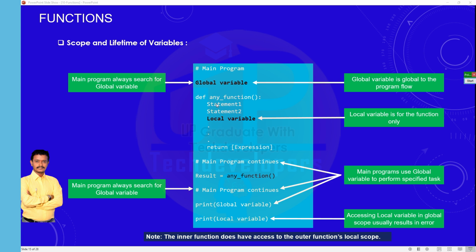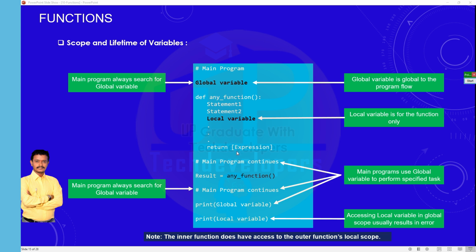If we observe this program carefully, the local variable has been declared inside this function, whereas the global variable is defined outside of this function. The local variable is inside the function and it is local to this function only, whereas the global variable is defined outside this function and it can be accessed anywhere in the program.